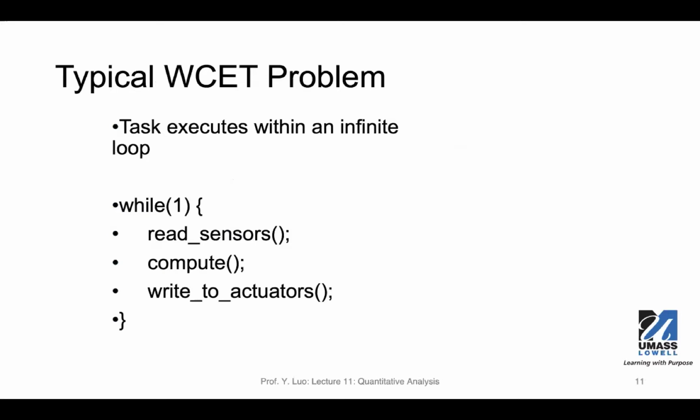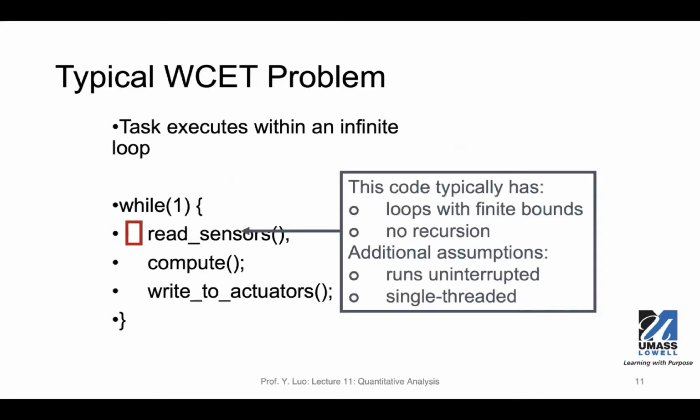Okay, so this is a typical infinite loop. In this situation, you don't have a worst case execution time because it never ends. The code here has loops with finite or infinite bound, and there's no recursion in this case for the read sensors, and we may also have additional assumptions.